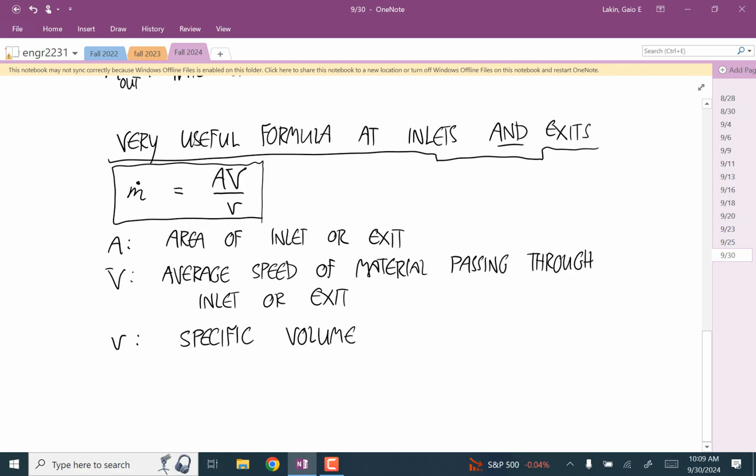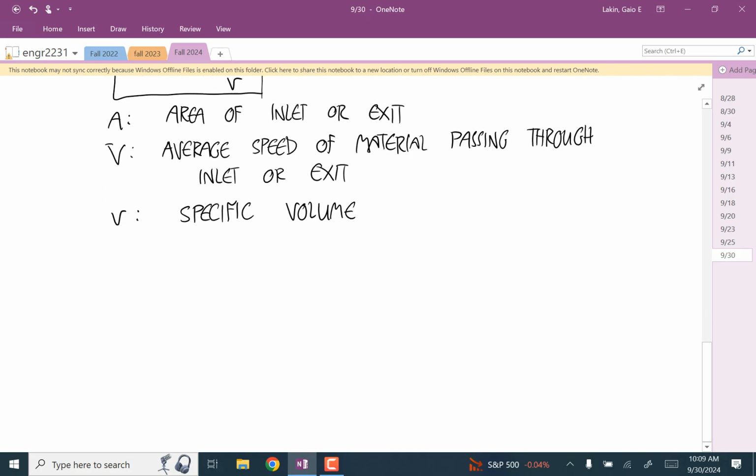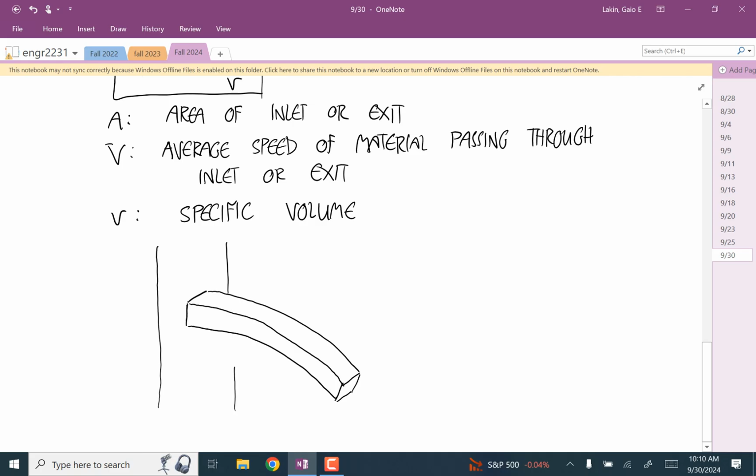And here's where that comes from. If you imagine your inlet or exit as like Play-Doh Fun Factory. Okay, so material is going through this aperture in this direction.